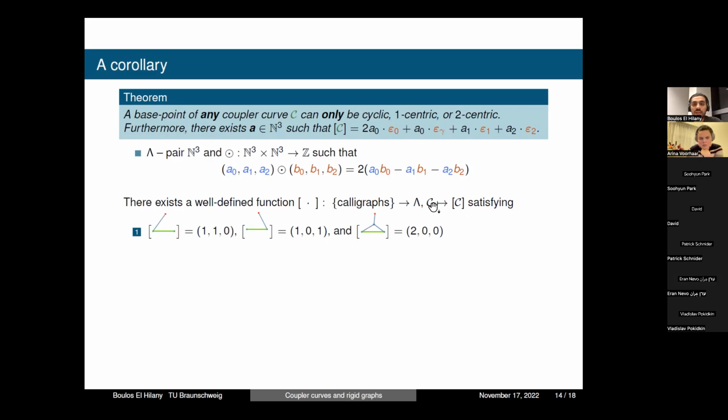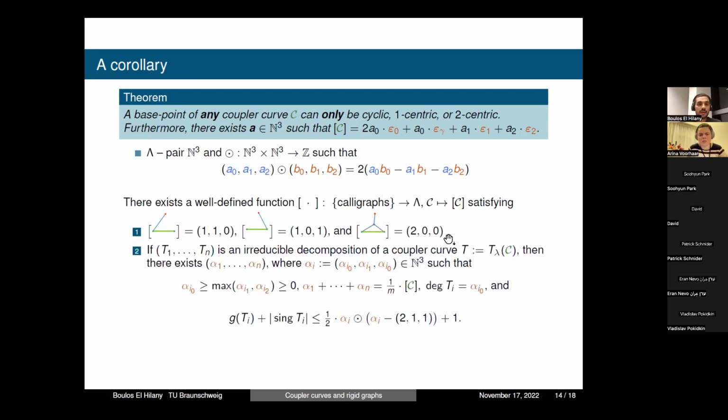So I take the calligraph, and this gives me a class, which is a triple, such that the class of this calligraph is 110, the class of this one is 101, and the class of this one is 200.